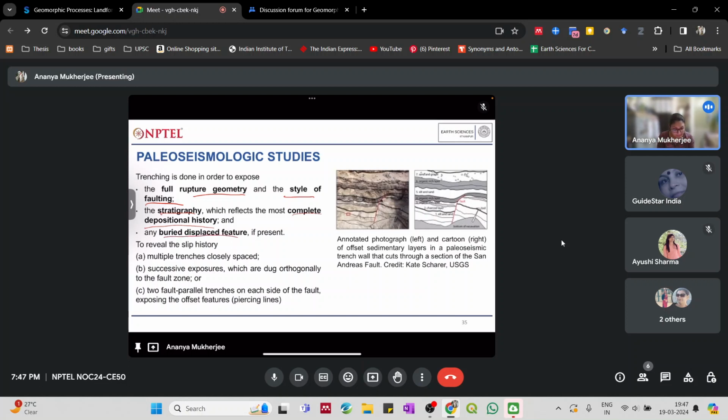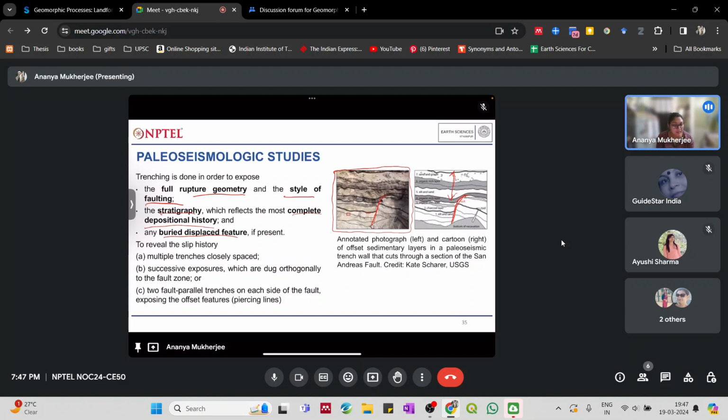So for example, over here this was the picture taken of the trench wall, and they have already annotated the different layers that you can see over here. So you can see that this fault is present over here. Okay. And so when this fault had actually happened, all the material that is deposited on top of the fault has deposited after the earthquake event, obviously.